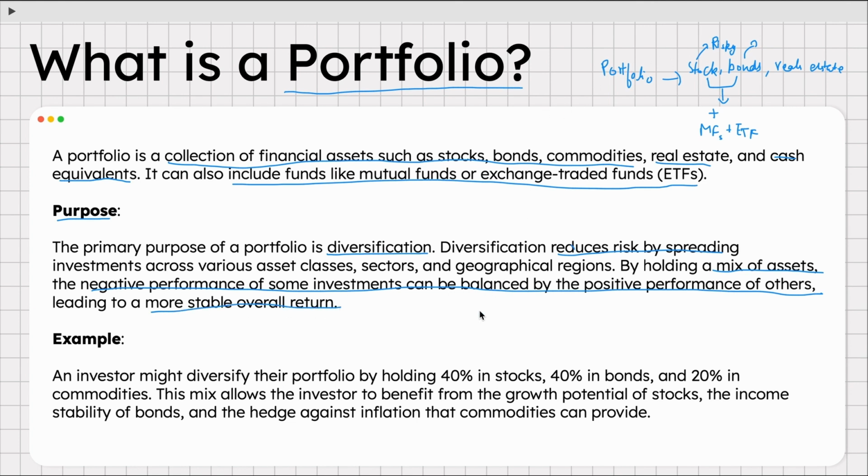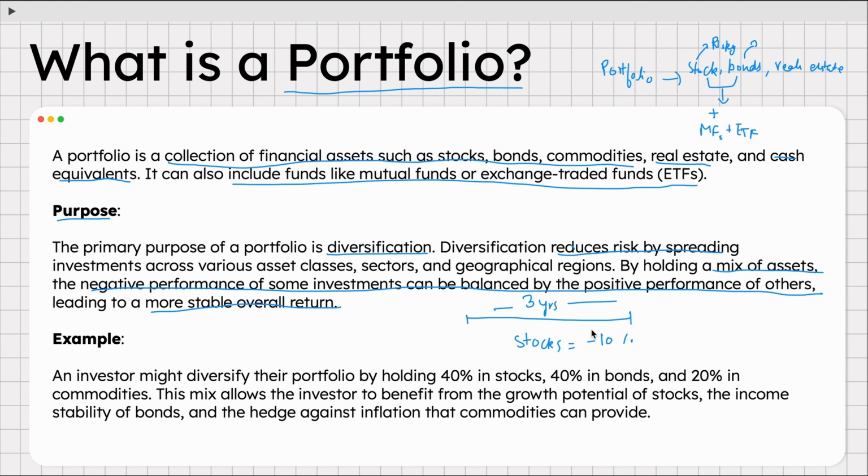So let me build an example. This is just a hypothetical example. Let's say it's a span of 3 years, and you had a portfolio of stocks and bonds. So stocks, in these 3 years gave you returns of minus 10%. In short, if you had invested $10,000, they would have become $9,000 after 3 years.